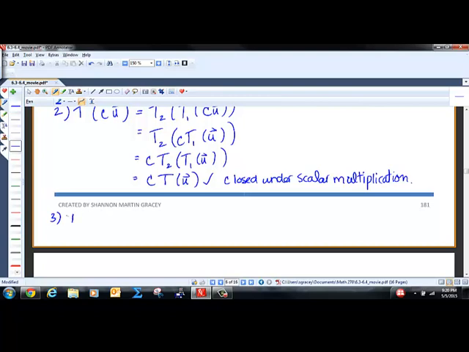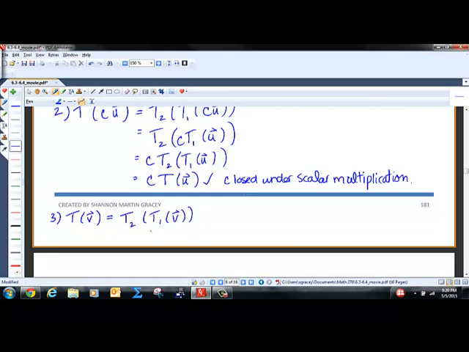So T at V is equal to T2 at T1 at V. But what is T1 at V in terms of matrices?